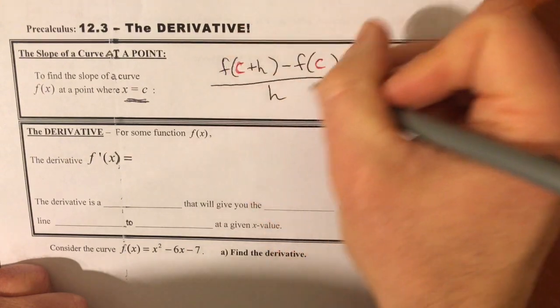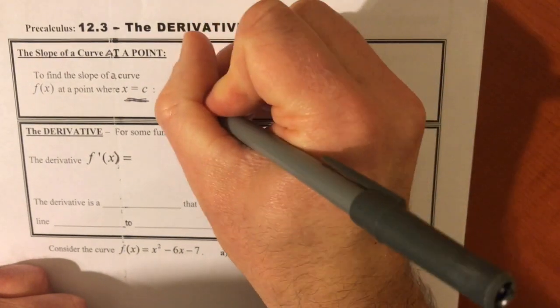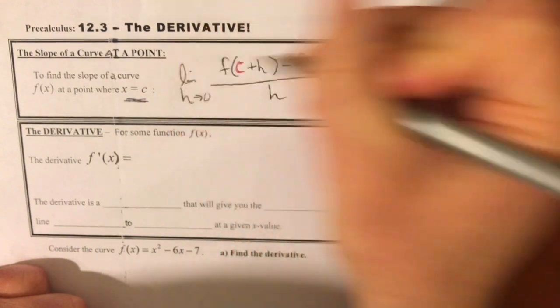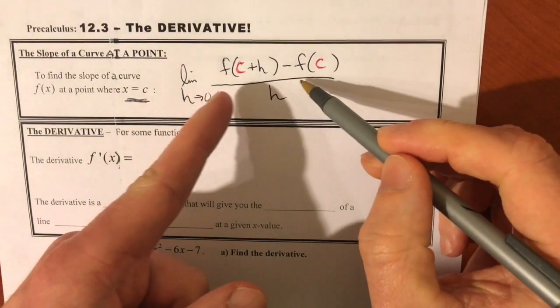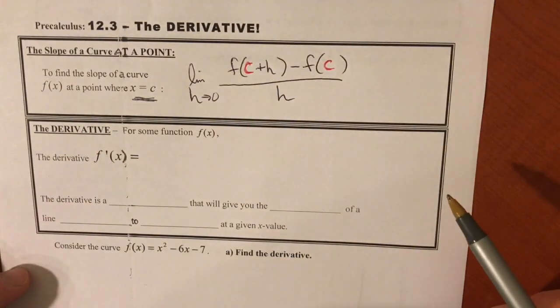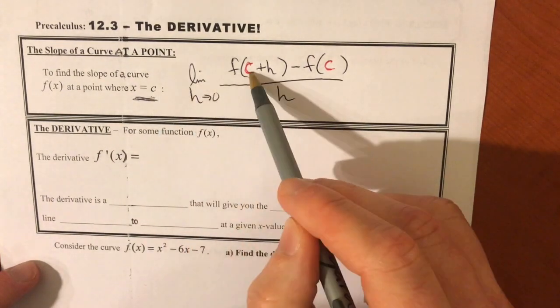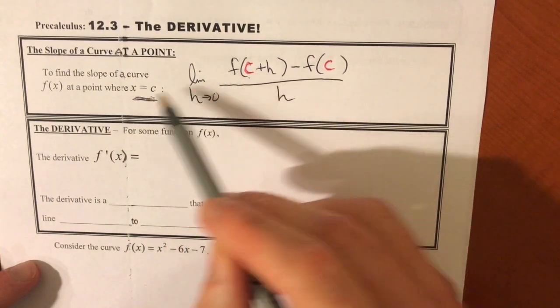This was just a representative of the slope, and then taking the limit of it as h approached 0. That's what brought those 2 points infinitely close together to give you that tangent line slope. Okay, so this setup gave you the slope at whatever x value you wanted, c in this case.